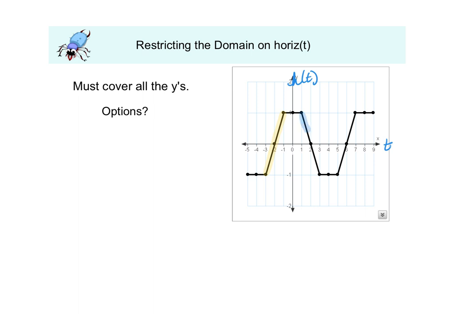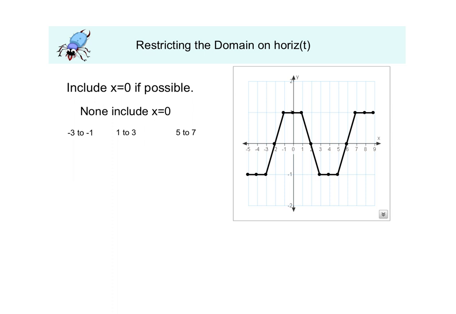I have this section here, and this section here, and infinitely many. So here are three possible choices. I could choose the x values from -3 to -1. I could choose the x values from 1 to 3 or 5 to 7. None of these include 0, which was my second rule. If I can include 0, I should. That's not possible. So unfortunately, our inverse won't contain x equals 0.